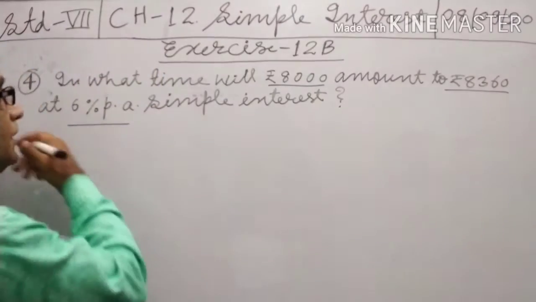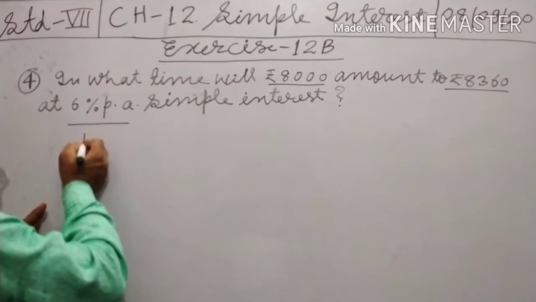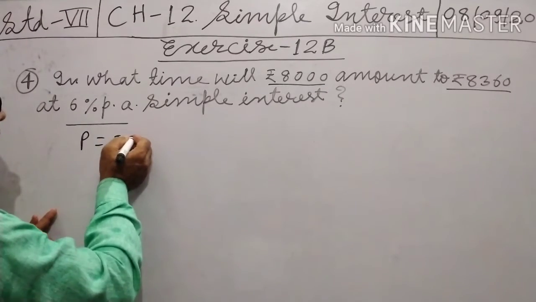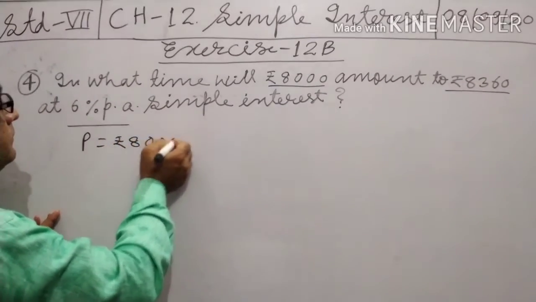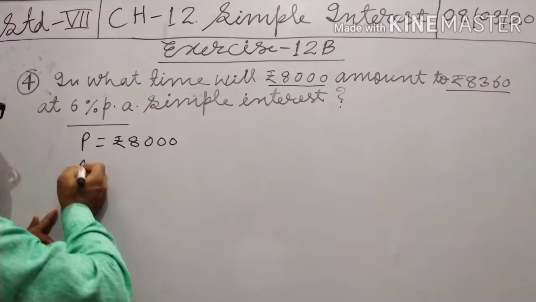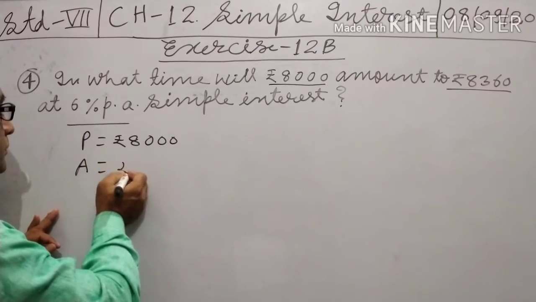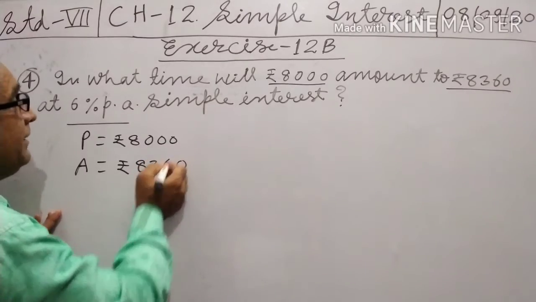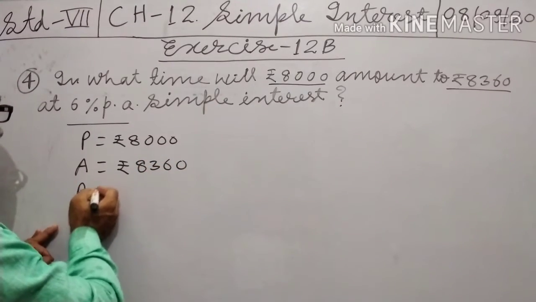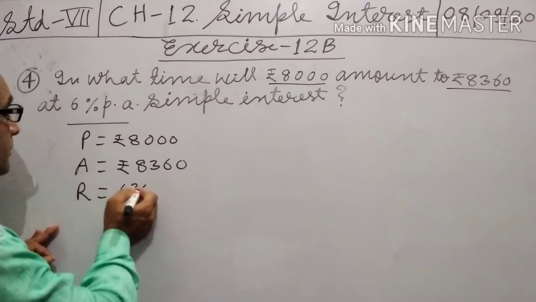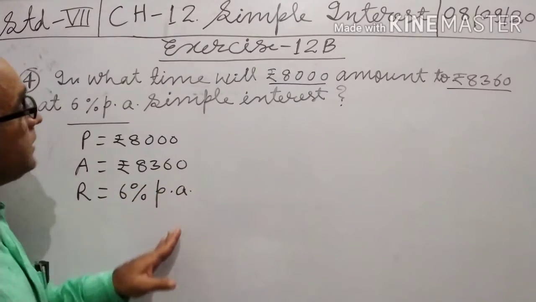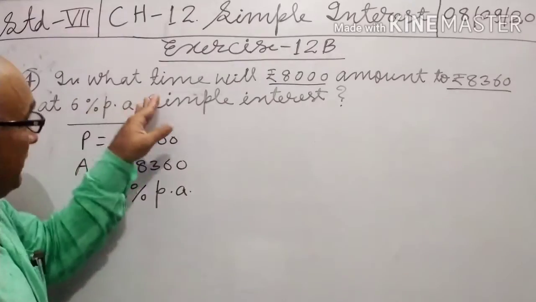So here given P equal to rupees 8,000, A equal to rupees 8,360 and R equal to 6% per annum. In this question we have to find time.